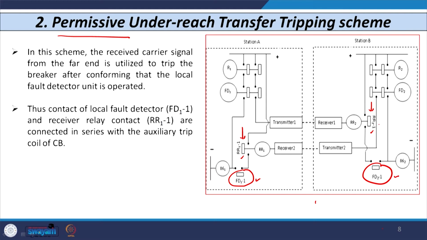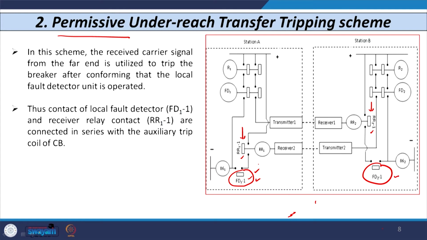As these are connected in series, the chances of mal-operation, that is closing of the receiver relay contact on each side because of noise present in the signal, can be avoided, because tripping is initiated only and only when the local fault detector unit operates.